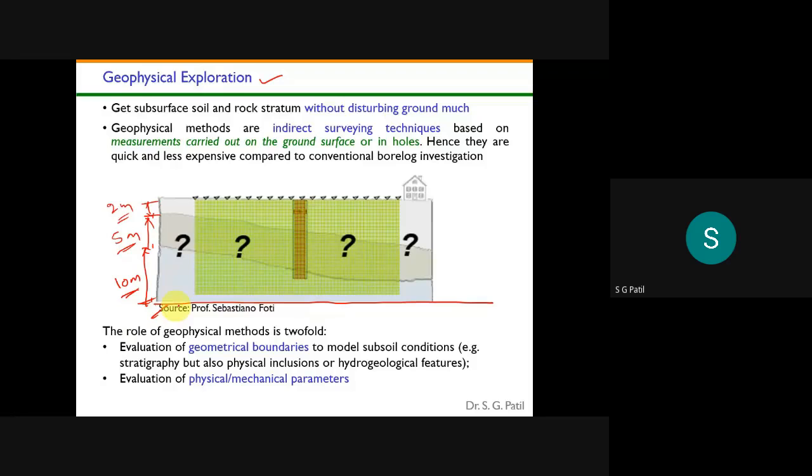Suppose this is the bedrock level; it will tell you roughly the depth of your bedrock level. So this is the main objective or role of a geophysical method: first, it will tell you roughly the thickness of each layer, and also the depth of the bedrock.